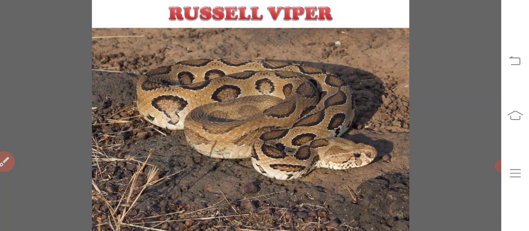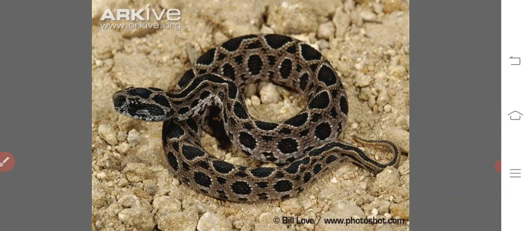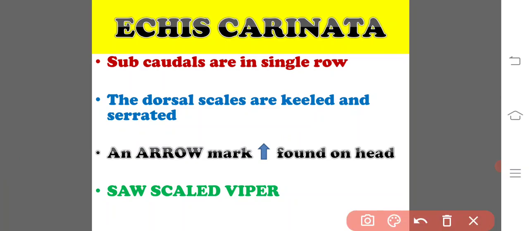Triangular head with small scales. Here also we can see the three rows of patches. And coming to Echis carinata or Pursa, the subcaudals are in a single row. The dorsal scales are keeled or serrated, so it is known as a saw-scaled viper.